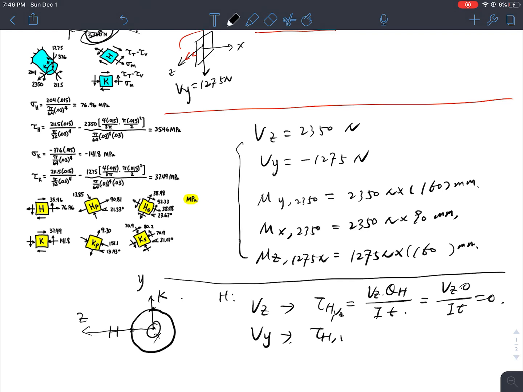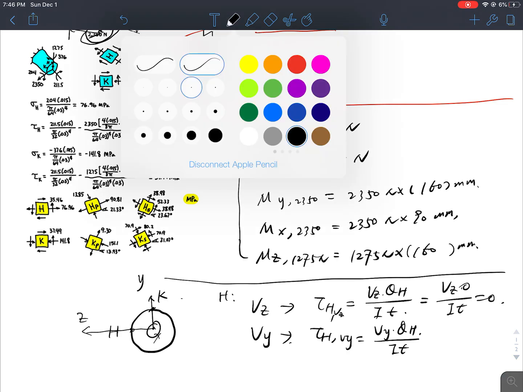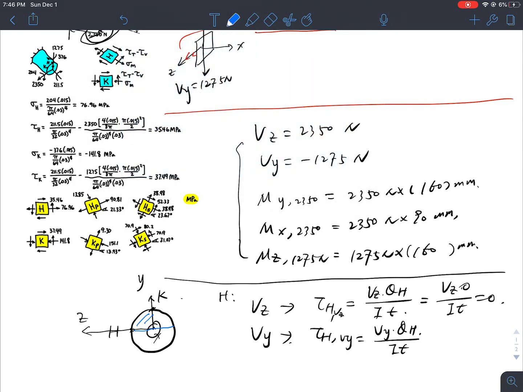Now Vy is actually this way, so tau H from Vy equals Vy QH over It, but for this case, I do have a QH, which is actually listed in blue.